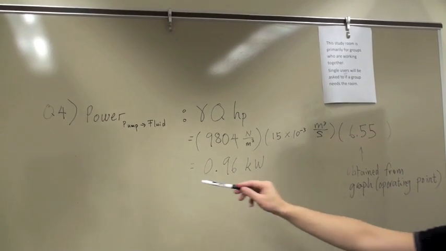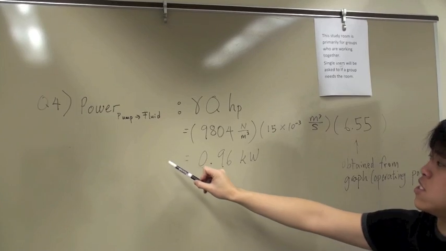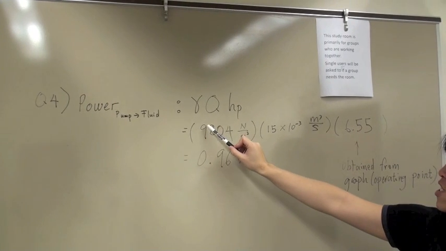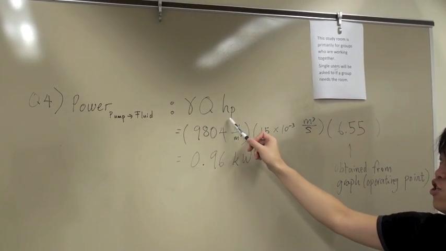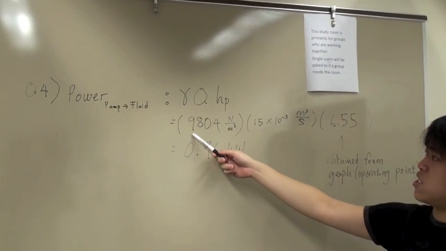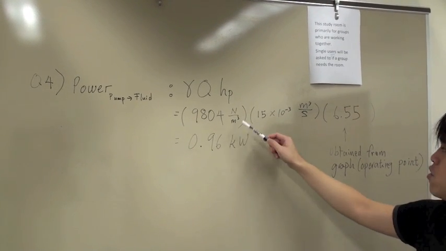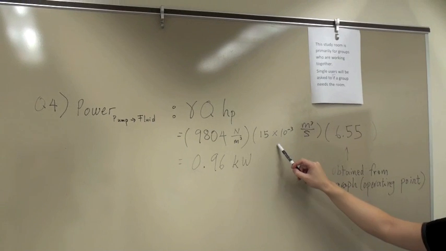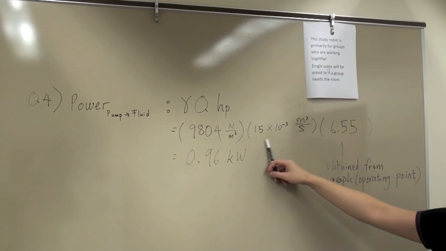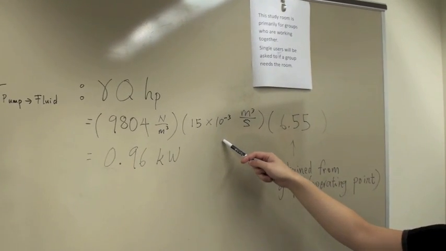Alright, as for question 4, they're asking what's the power delivered by the pump to the fluid. So basically we're just using this equation, gamma Q times HP. Gamma is the specific weight, which is 9800 newtons per meter cubed, and Q you change from liters per second to meter cubed per second, which yields 15 times 10 to the power of negative 3.